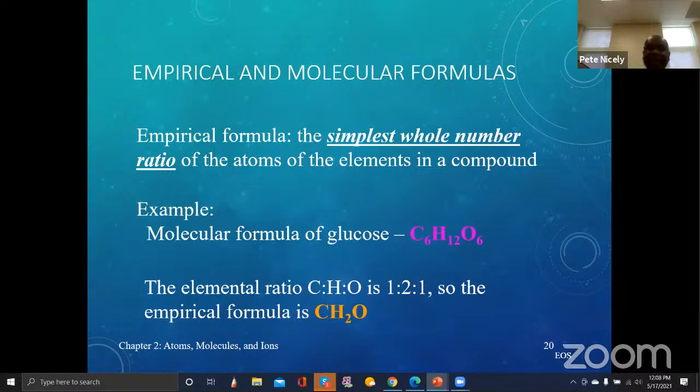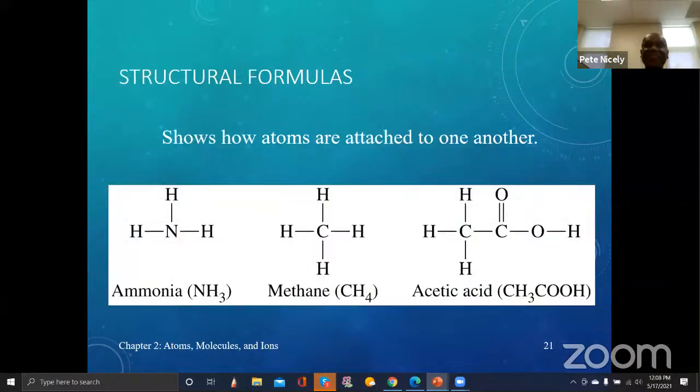The last thing we're going to talk about here is structural formulas. Again, this is a way of representing how atoms are connected to each other in a molecule. For those of you who plan to do organic chemistry, you're going to see a lot of this sort of representation, all right?